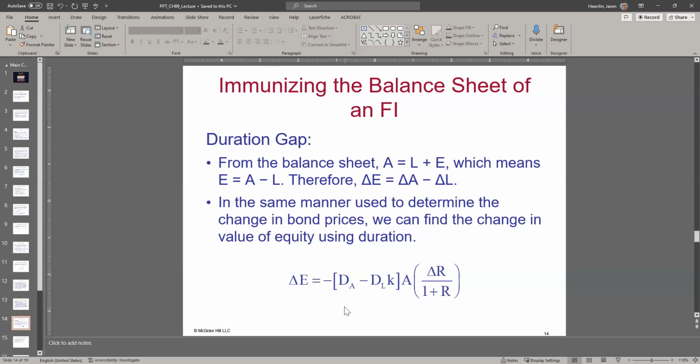If interest rates change, duration is going to be impacted on assets and liabilities. Once you know those, you can put them in this formula, and now you know how much your equity will change according to changes in interest rate. This is definitely a very valuable way to use duration.